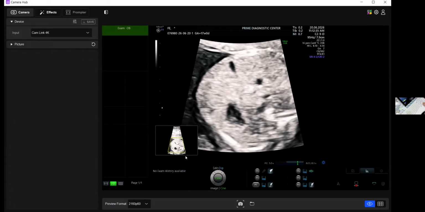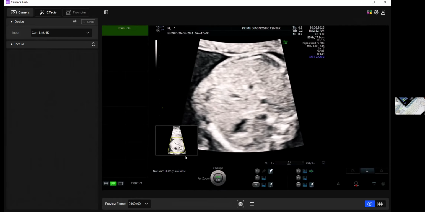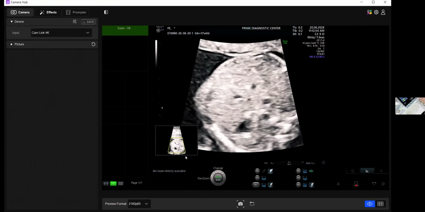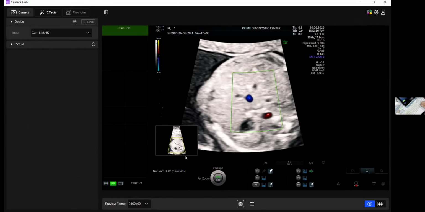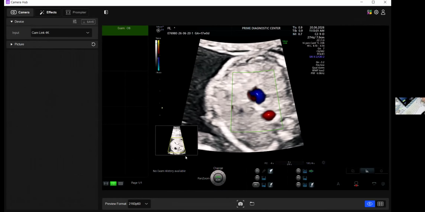You see the IVC, you see the aorta, and you see the stomach and the spine. IVC is on the right side, which it should be. If both are on one side, then it is juxtaposed arteries and it indicates right isomerism.